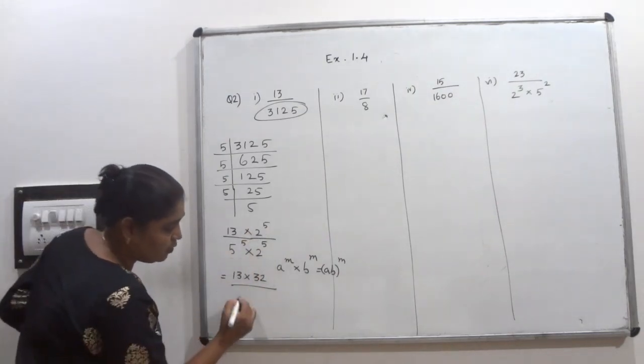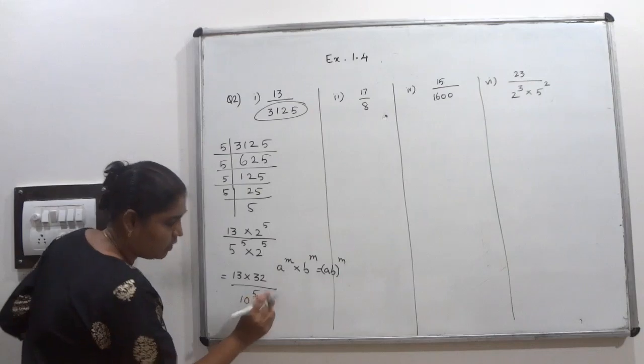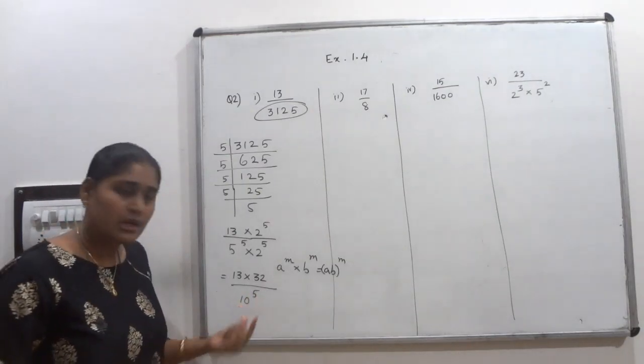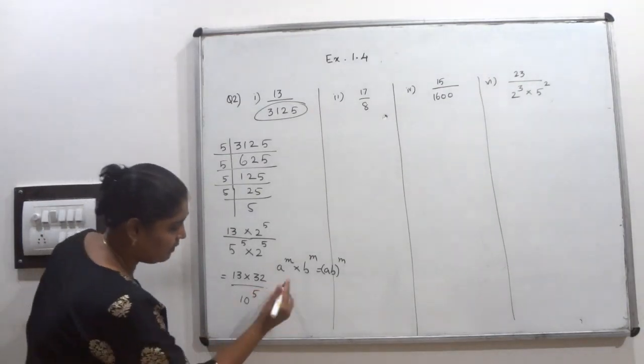So 5 into 2 is 10, and the common power is 5, giving 10 power 5.